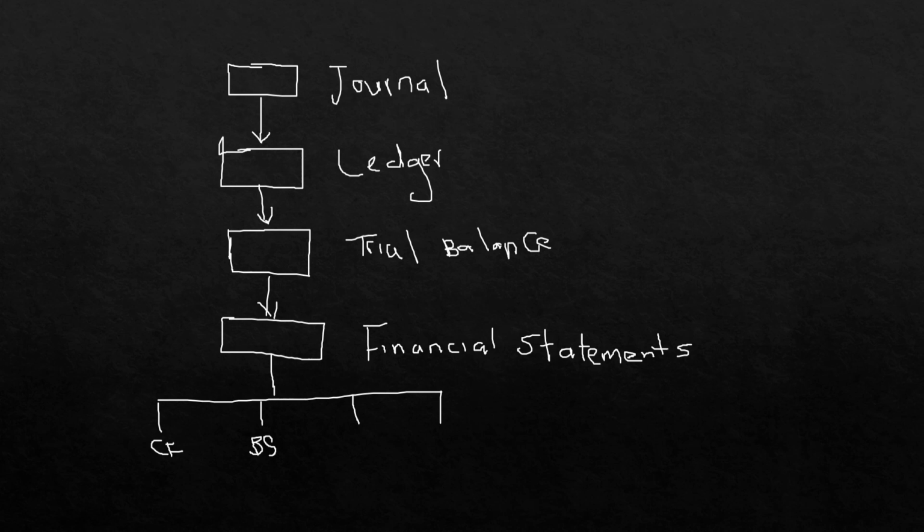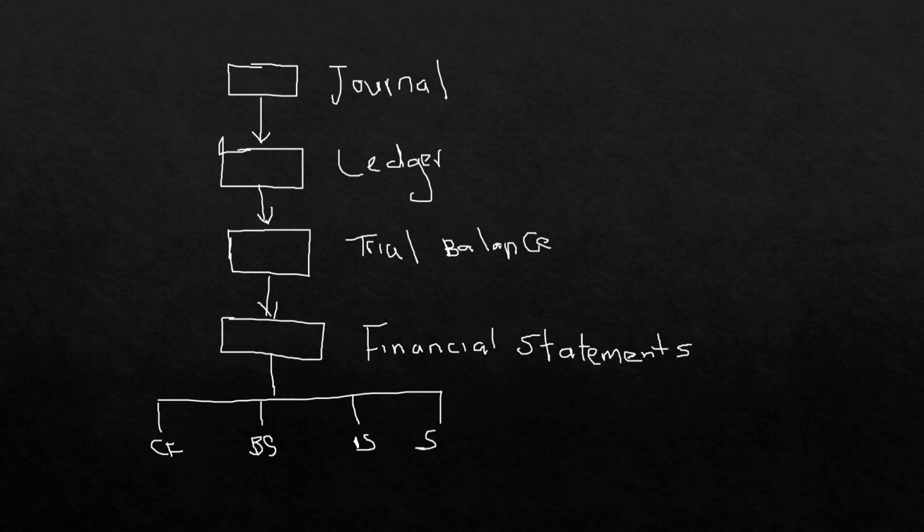Then there is IS, the income statement. Then there is what we call the statement of retained earnings.